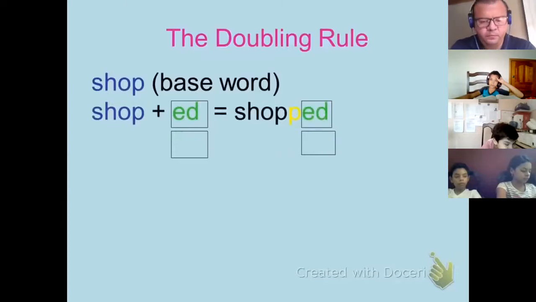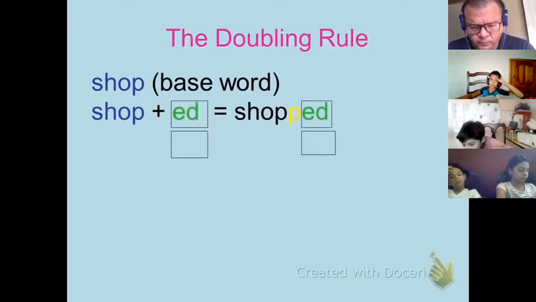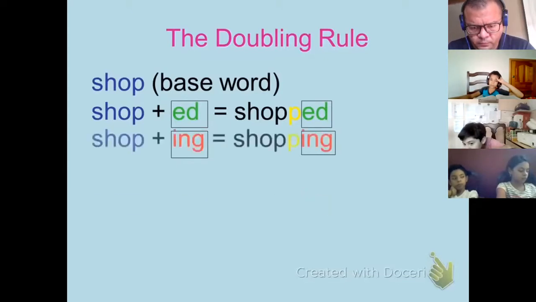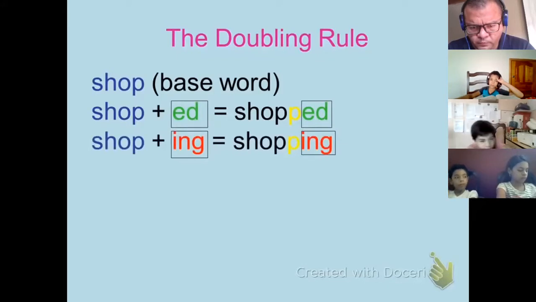You add ed, but take a look closely at the word shop, and you have to double the P. You have to double the consonant to make shopped. And there we have the root word again, shop, this time adding ing for shopping. Take a close look. The P, we had to double it to add ing.